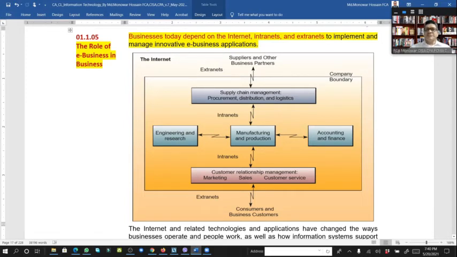And look here, this is the boundary: the company's boundary is within the organization. This box is the boundary of the organization.